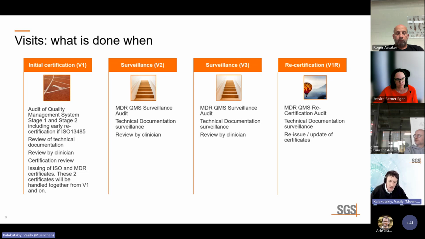Also, the certificates can be updated, reissued, replaced according to the particular needs of the customer. So this is the overview of all items of the certification cycle.